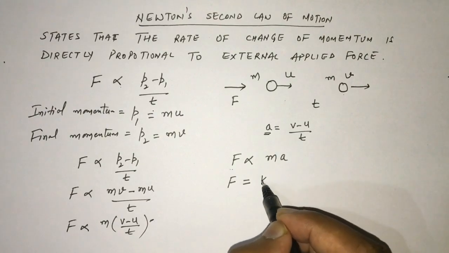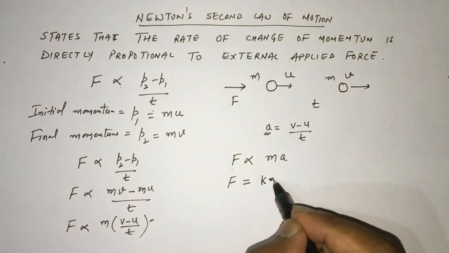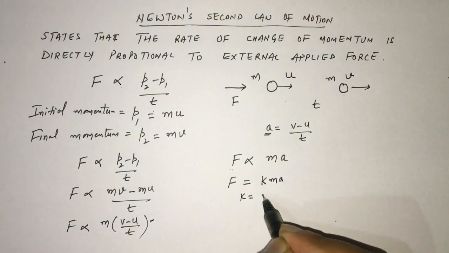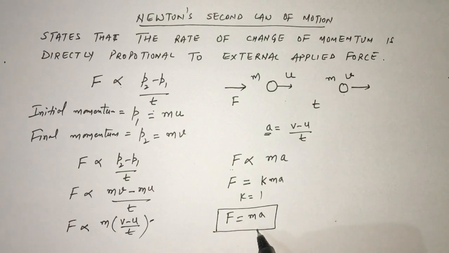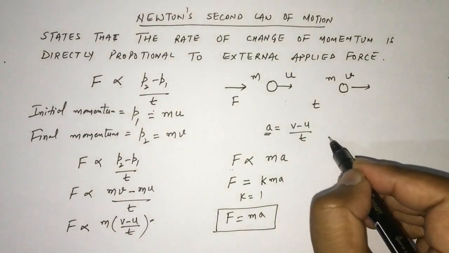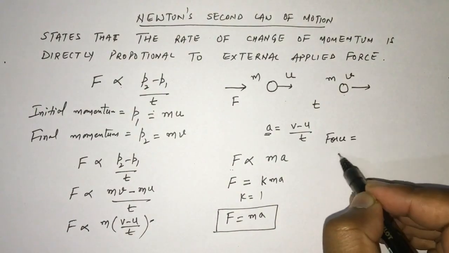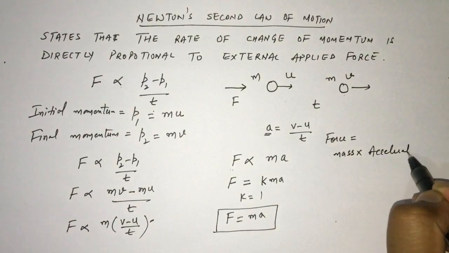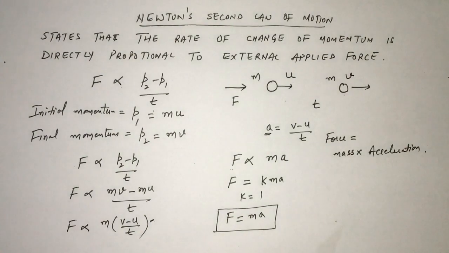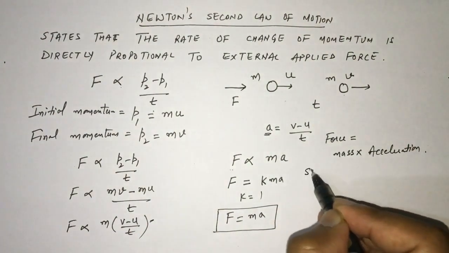Here, the proportionality constant is k. Clear? The value of k is 1. So F becomes m into a. So here is the formula of force, that is the product of mass and acceleration. Clear? So you can write force is equal to mass into acceleration.